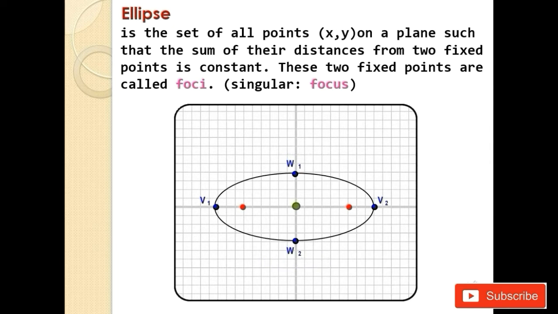The distance between covertex 1 and covertex 2 is what we call the minor axis. Sometimes it is called the shortest diameter. Now, half of this minor axis is what we call the semi-minor axis, represented by the variable b in our formula.